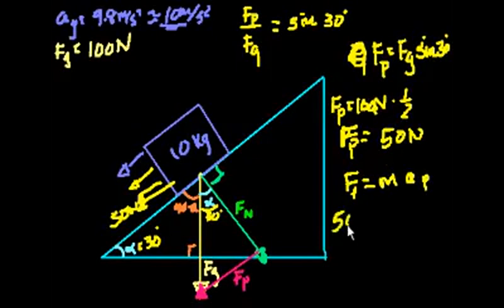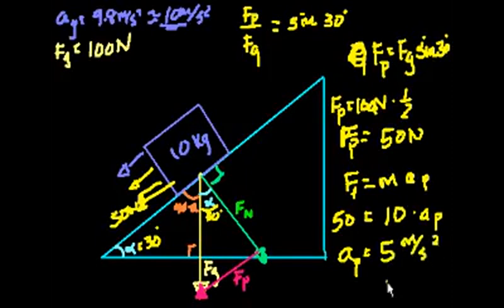So 50 newtons is equal to 10 kilograms times the acceleration in the parallel direction. Divide both sides by 10, and you get the acceleration: 50 divided by 10, 5 meters per second squared. So roughly, this thing will accelerate in this way at half the rate at which it would naturally fall if this inclined plane wasn't there.